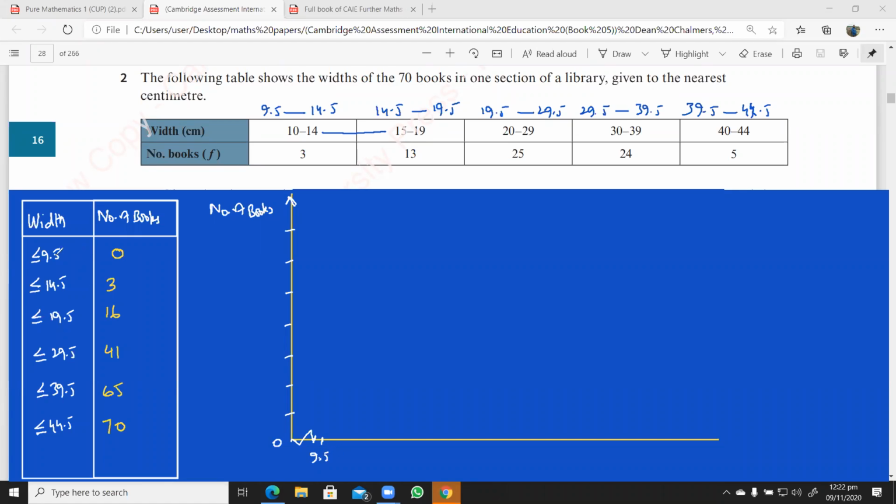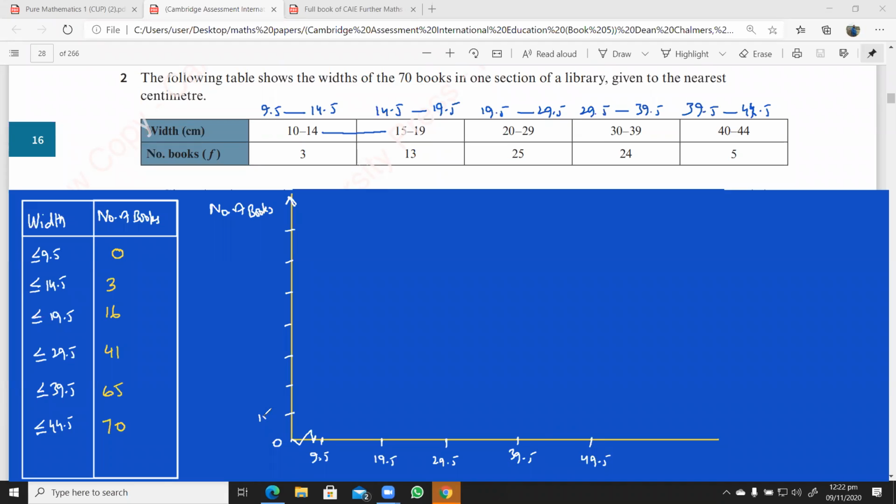Look at this, your data is starting from 9.5, so don't start looking for 0 over here. You just start from 9.5. Let's say after every 2 centimeters, I'm taking 10 units. This is going to be 19.5, this is going to be 29.5, this is 39.5, and then I have 49.5.